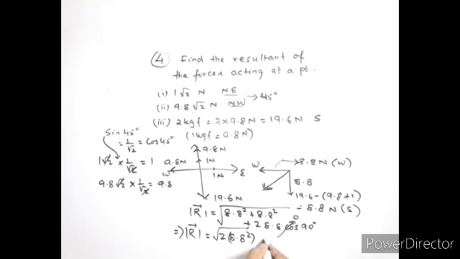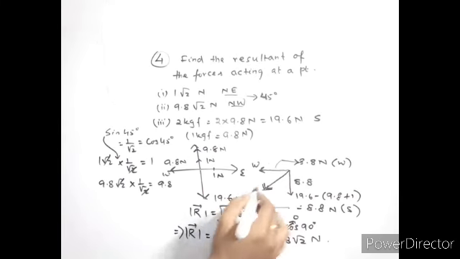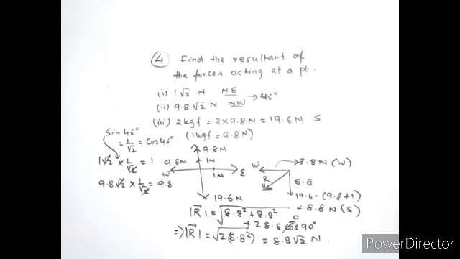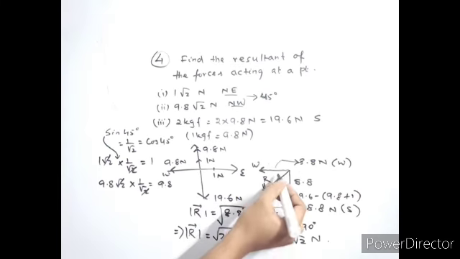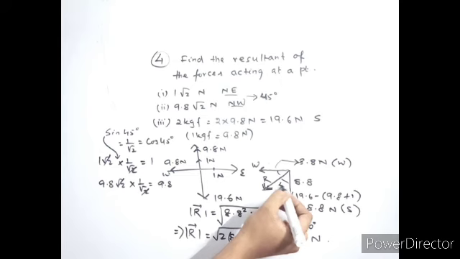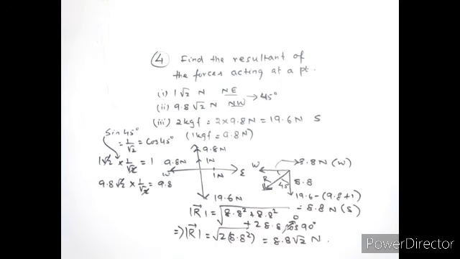So that gives me 8.8 root 2 in Newton. So the resultant vector over there is just 8.8 root 2 newtons, and because it bisects the angle, it's exactly at 45 degrees, so it is acting in the southwest direction.